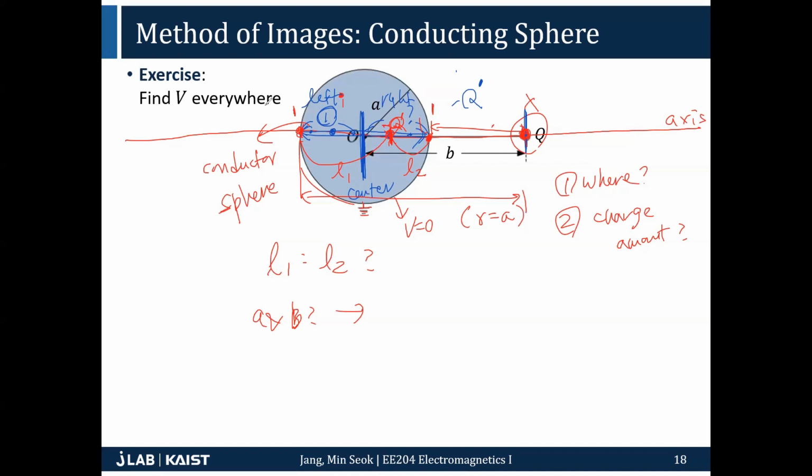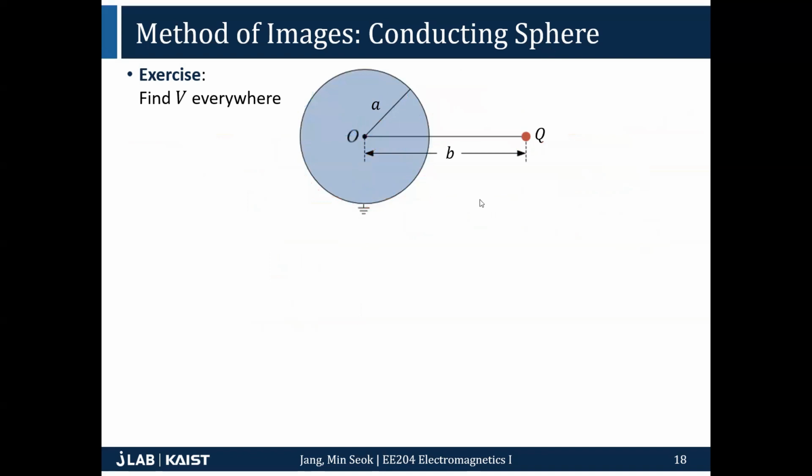And fortunately, once you place Q prime at this position, not only here and there, but everywhere on the surface becomes zero potential. That's kind of a fortunate thing. We just guessed the position and the amount of the image charge Q prime by taking into account just this point and that point. But once we do it, everywhere on the surface becomes zero potential.